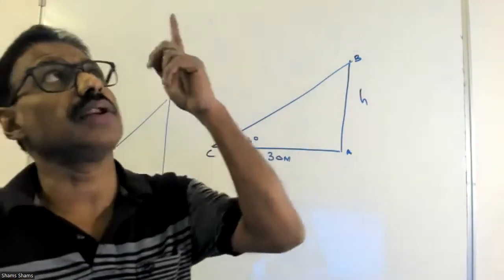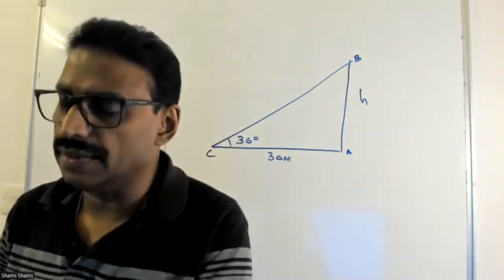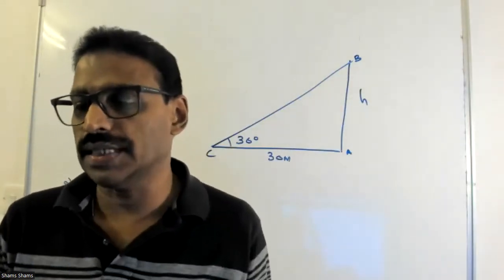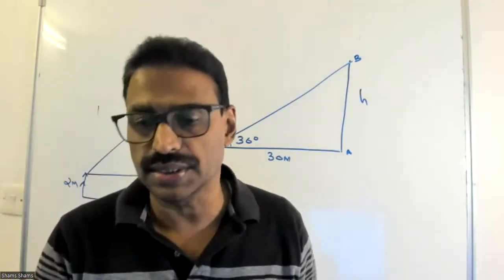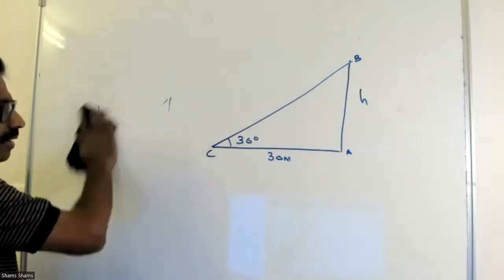Suppose you're looking at that green tower. Compared to the green tower, your height is very small. That's why we are not considering it. If your height is given in the question, you have to draw the figure like this.